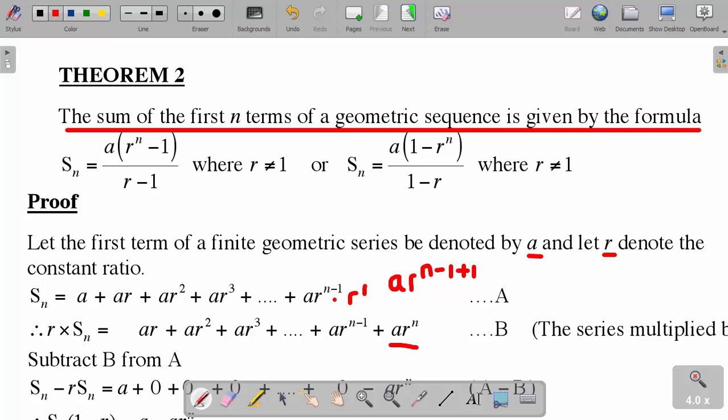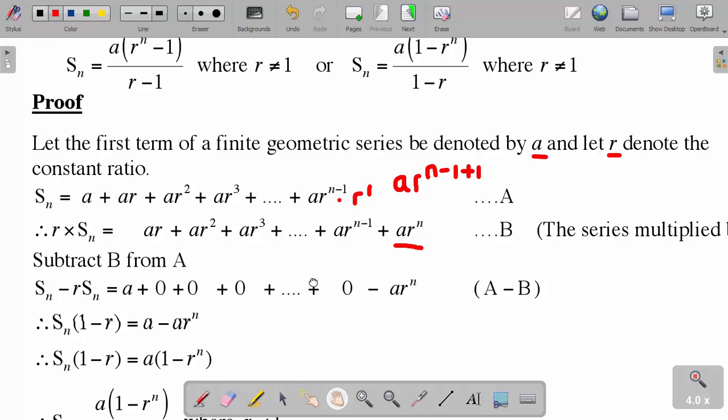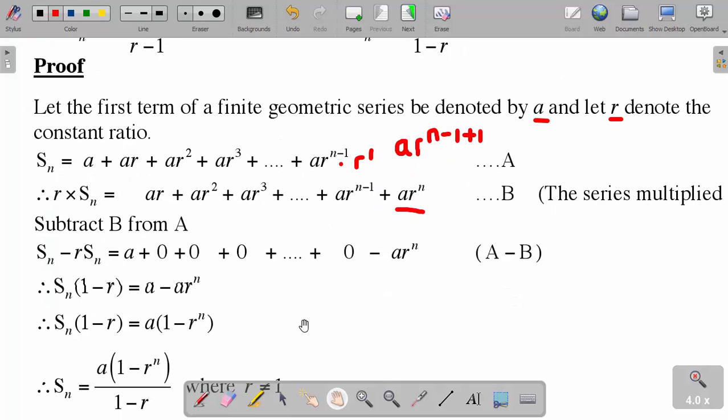Now again, if I subtract B from A, this is my equation A, this is my equation B. This is what happens. Like we did in the above example, we saw that the middle terms cancelled out. If you take this out again, I'm subtracting B from A, which means it's going to be A minus nothing, then AR minus AR, they cancel out again like we did in the previous example.